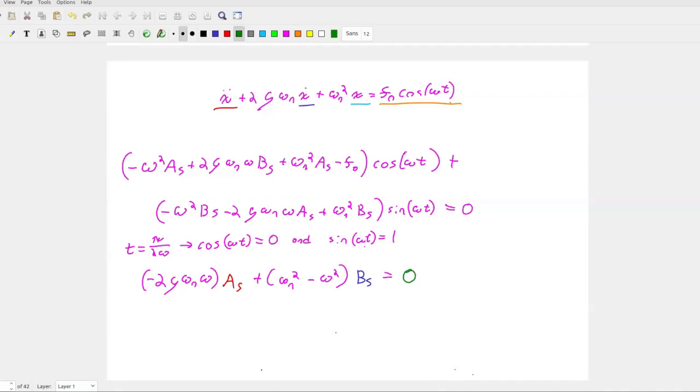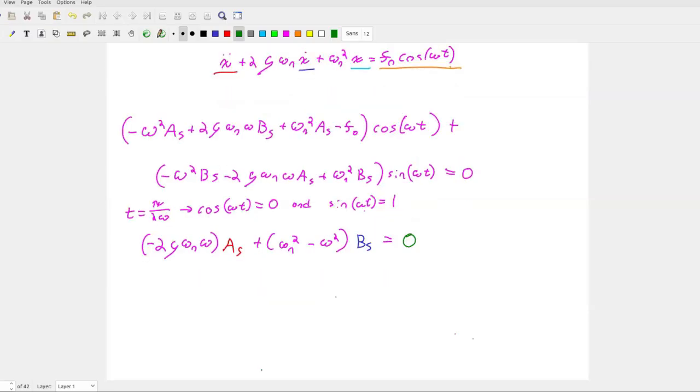Now, if I do the same thing for t equals 0, at that point, sine of omega t is equal to 0, and cosine of omega t is equal to 1.